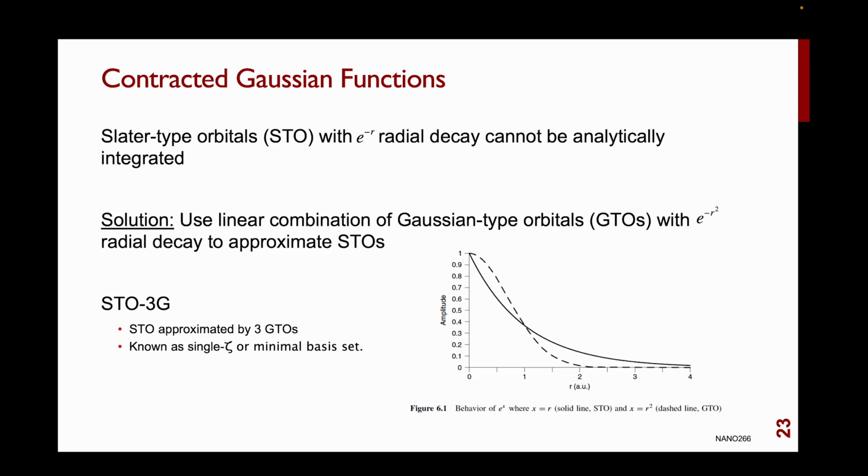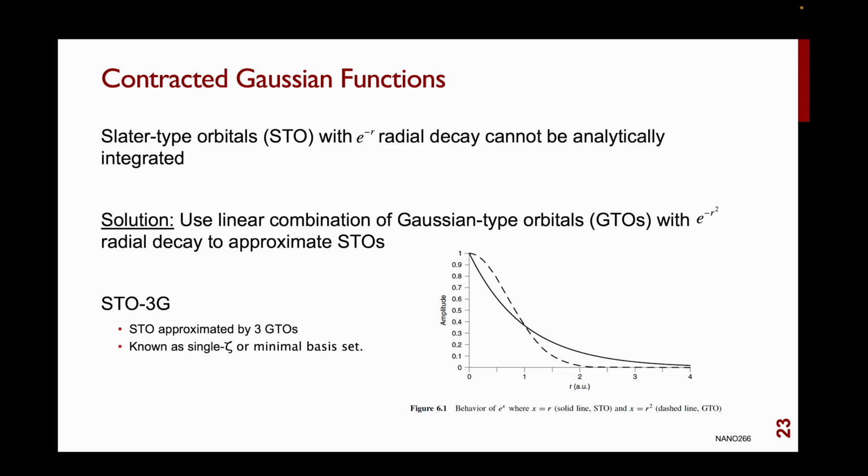STO3G basically just means Slater type orbitals that are approximated by 3 Gaussian type orbitals. It is also known as a single zeta or a minimal basis set, right? Essentially, I'm going to approximate each of my Slater type orbitals with 3 Gaussian type orbitals with the form of e to the power negative r squared.